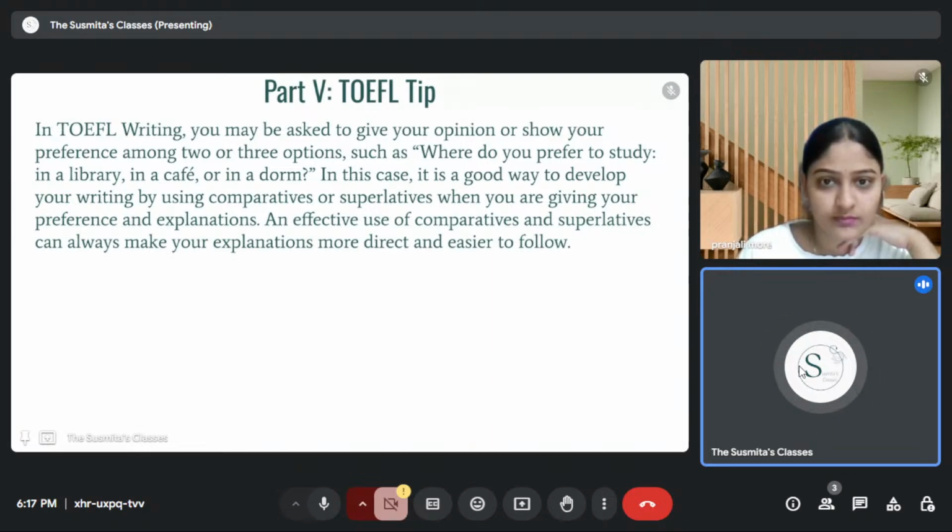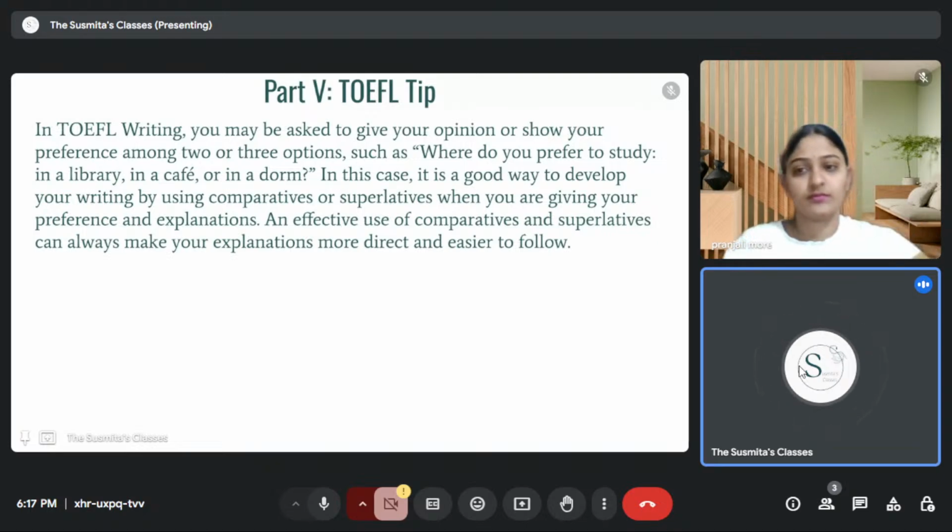In this case, you will start by using your comparatives and superlatives, giving your preferences and giving explanations for those preferences. The correct form of comparatives and superlatives will give you a way to explain your answer. That's what we are looking at over here.